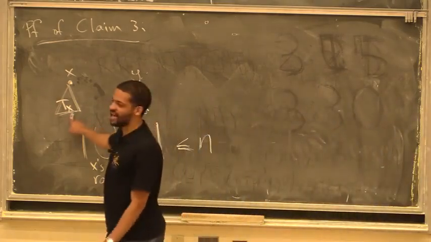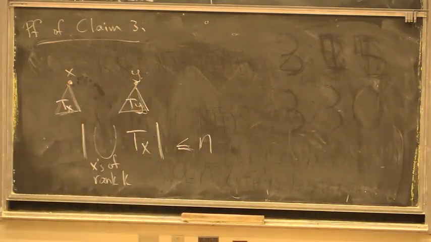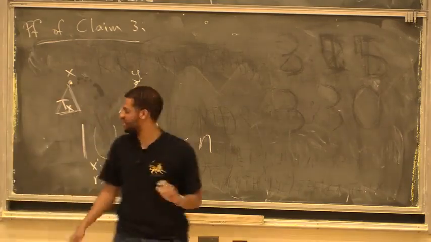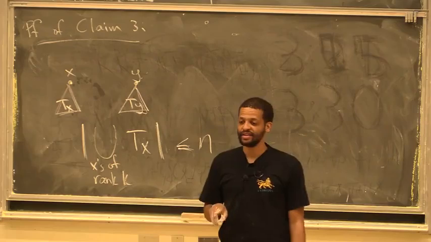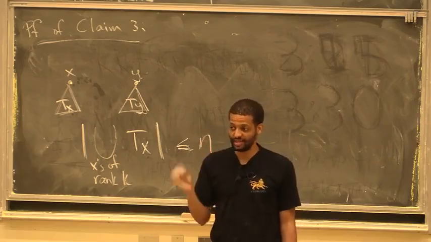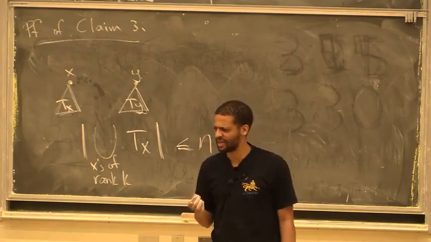What do I know about the size of Tx? Claim 1. The size of Tx is at least 2 to the k. And the size of Ty is at least 2 to the k. All of these T's have size at least 2 to the k. I also know that these trees are disjoint. You have to think about it for a second. Why are they disjoint?